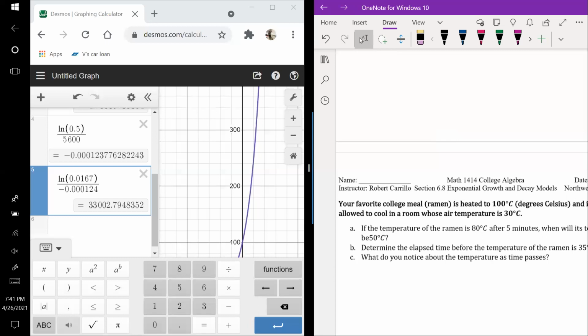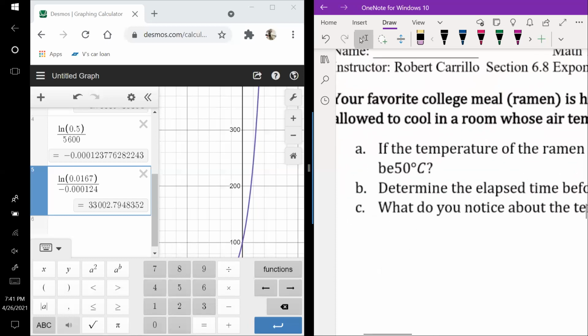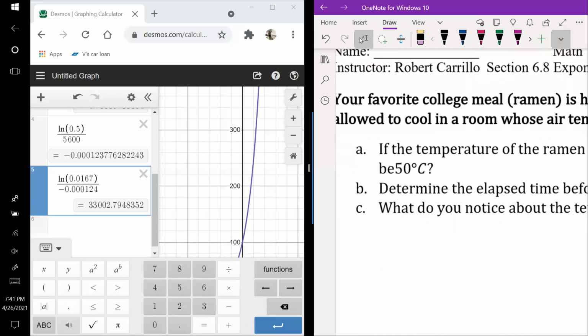Okay, so for A, we are given that the temperature of the ramen is 80 degrees after 5 minutes. So this means that U of 5 is equal to 80 degrees Celsius. There's one clue.